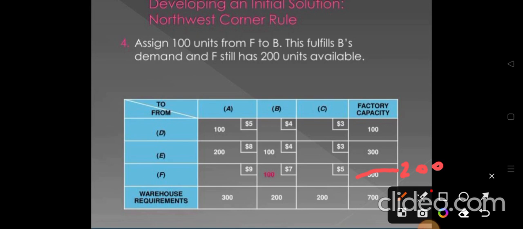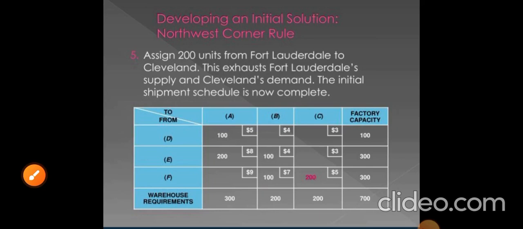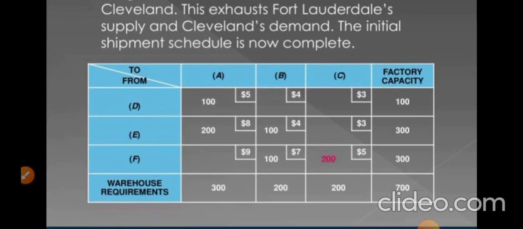The next cell is 3 cross 3. This cell we have to allocate. Assign 100 units from F to B. This fulfills B's demand and F still has 200 units available. Move to the last cell. For the factory capacity and warehouse requirement, you should have equal requirement and availability.